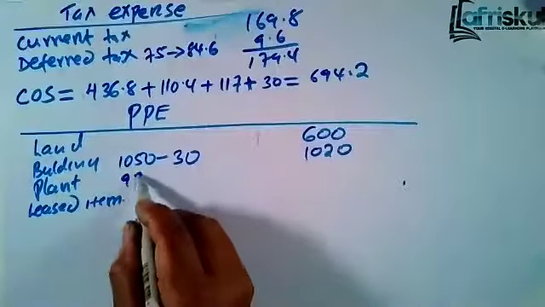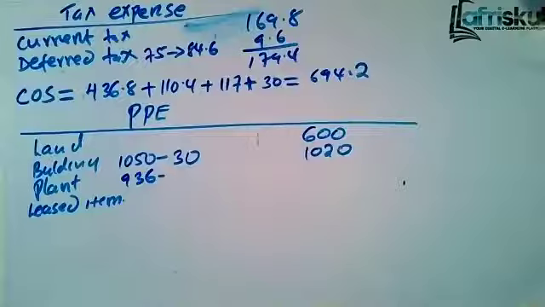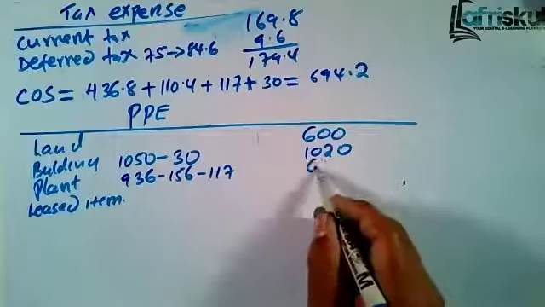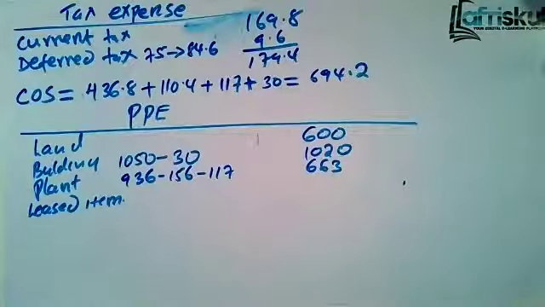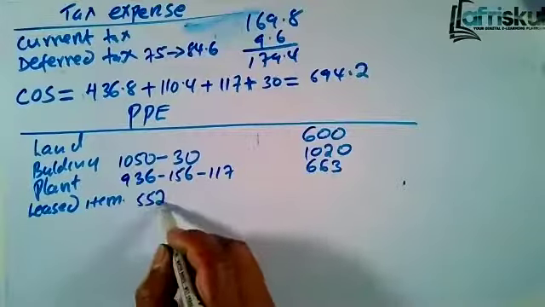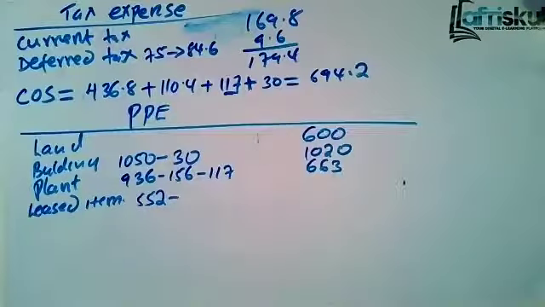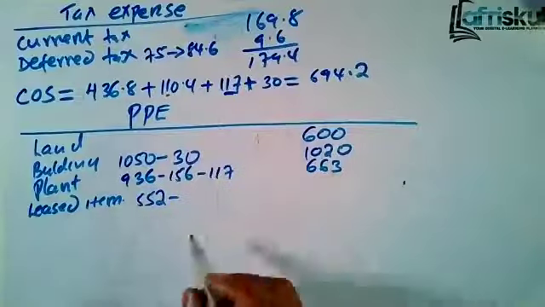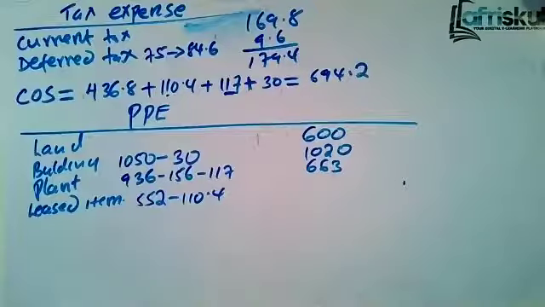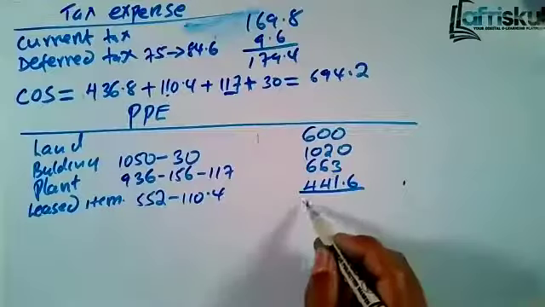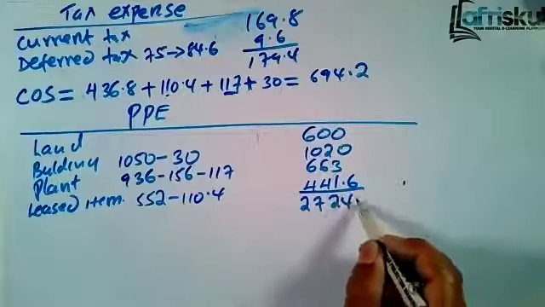So you'll take 936, less the accumulated depreciation of 156, and then the depreciation for the year, 117. With that, you'll get 663. Then we had the leased item. The fair value was 552, and the depreciation for the year was 110.4. In that case, you'll get 441.6. That means what you take to the PPE is 2724.6.